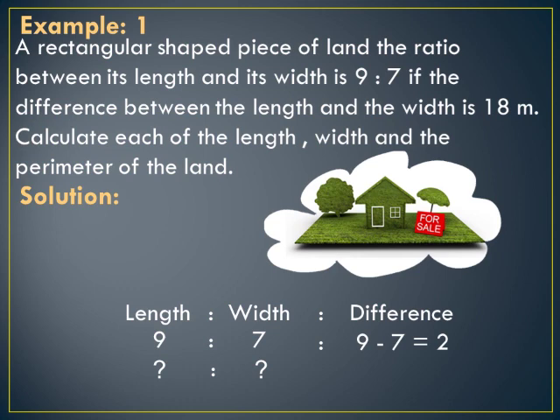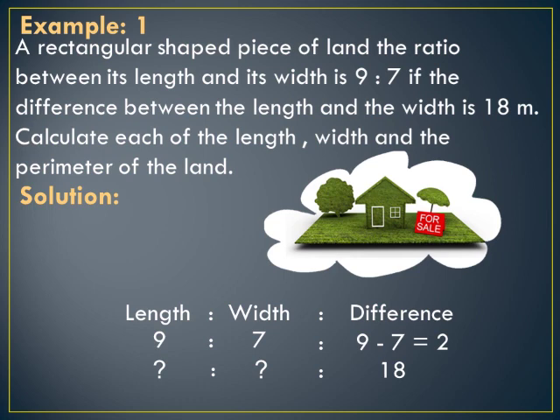9 minus 7 equals 2. After that we will put 18. 18 is the value. Up is the ratio, down is the value. Up is the ratio 9:7 to minus, because we have the word difference, we make minus. 9 minus 7 equals 2.